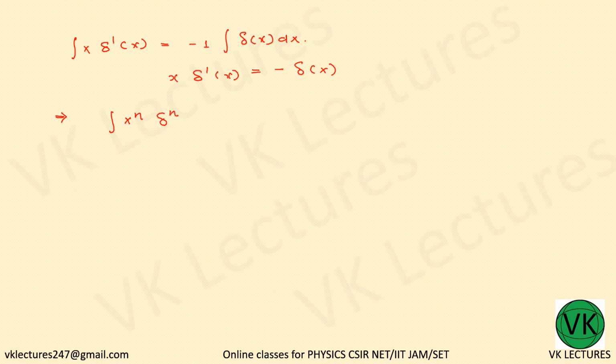of this delta, that is delta n of x dx, will be equal to, it starts from minus 1, integral x to the power n minus 1, and x to the power n, first its first derivative, dash represents the first derivative, into delta of n minus 1, that means the n minus 1th derivative of delta of x.